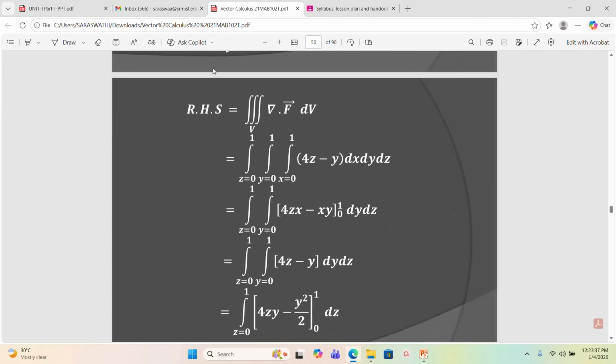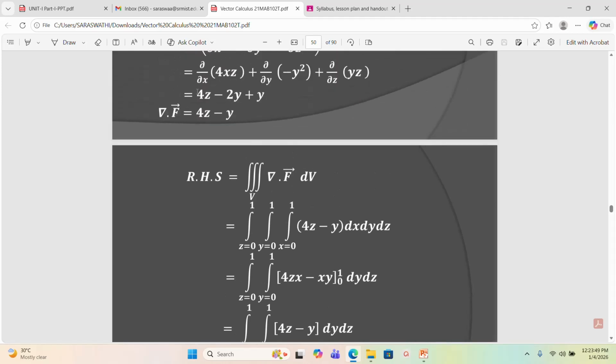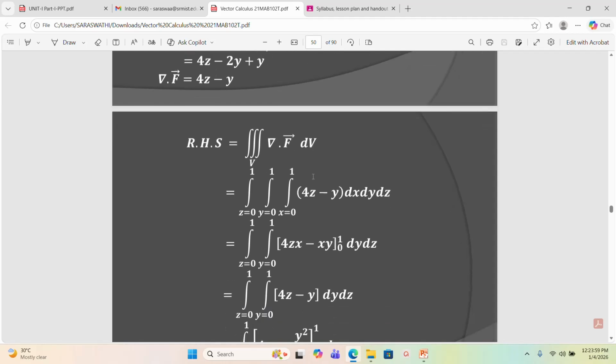So now the RHS. This is the formula, and the given limits are x from 0 to 1, y from 0 to 1, z from 0 to 1, because we are finding the volume. Also del dot f vector we already found as 4z minus y, into dV. Here dV is equal to dx dy dz, the volume element.